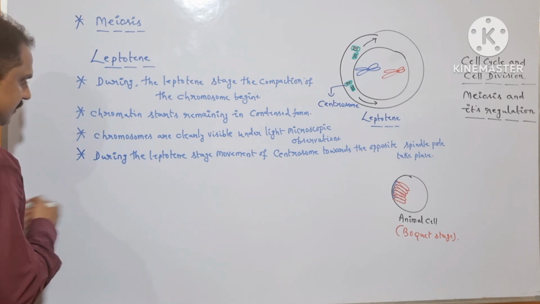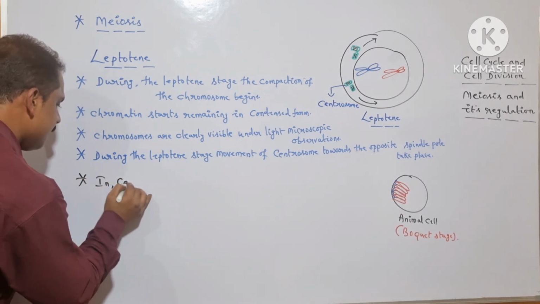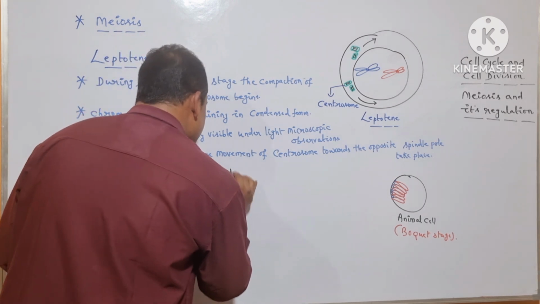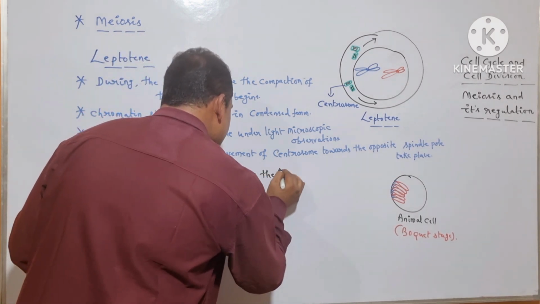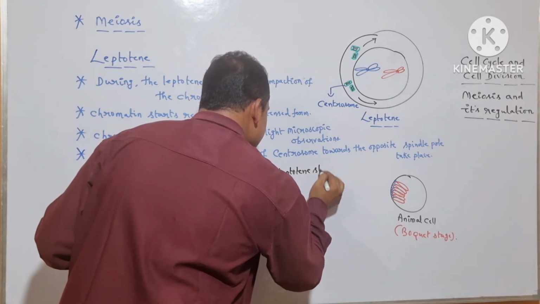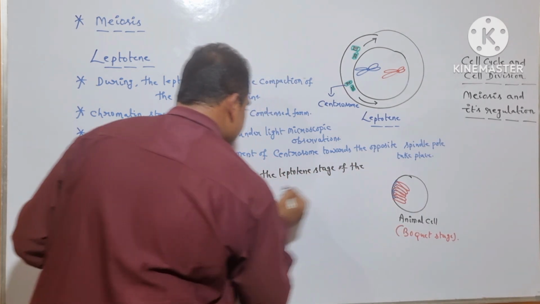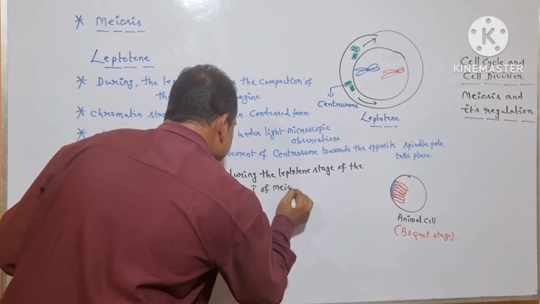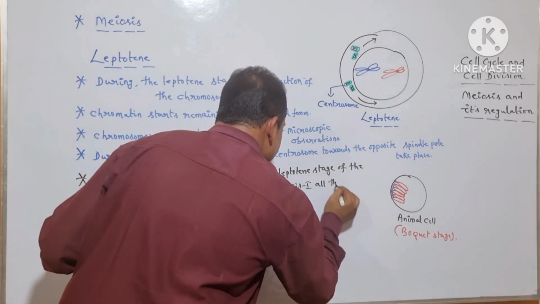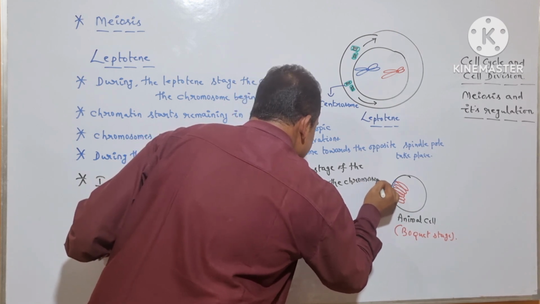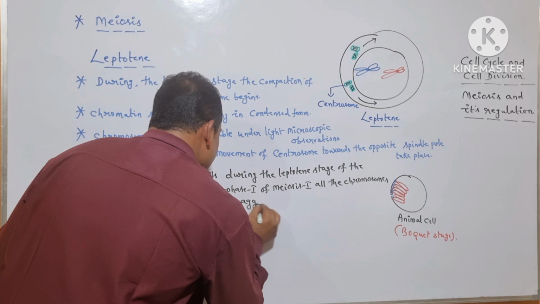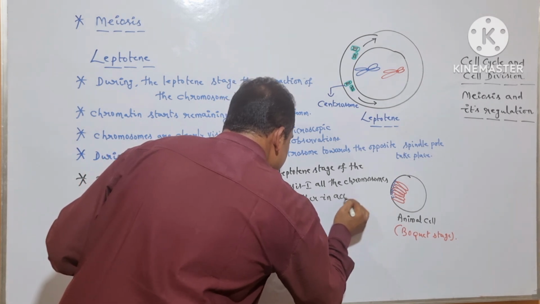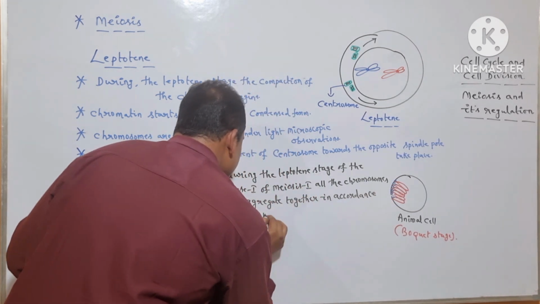In case of animal cells, during the leptotene stage of prophase 1 of meiosis 1, all the chromosomes aggregate together in accordance with the direction of centriole.